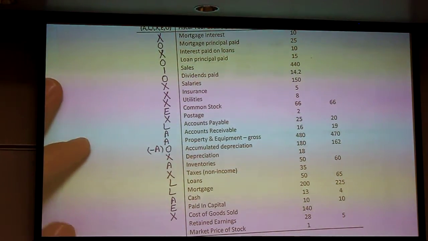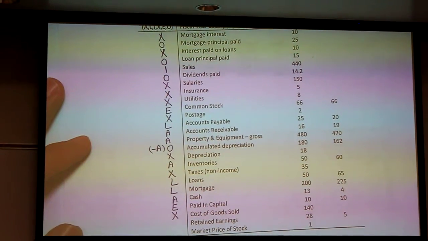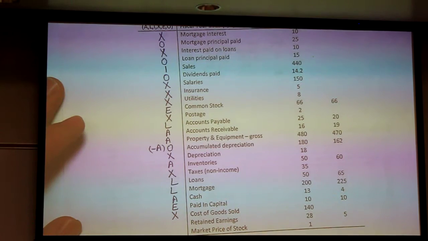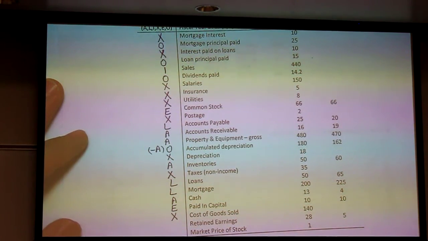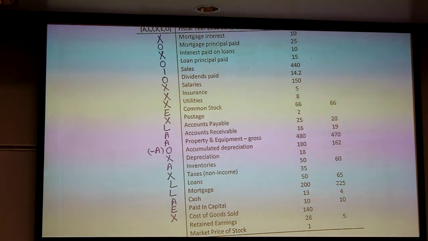What are retained earnings? What's the definition of retained earnings? Equity. I know it's an equity, yeah, but what is it? It is whatever you save after you pay the dividends.